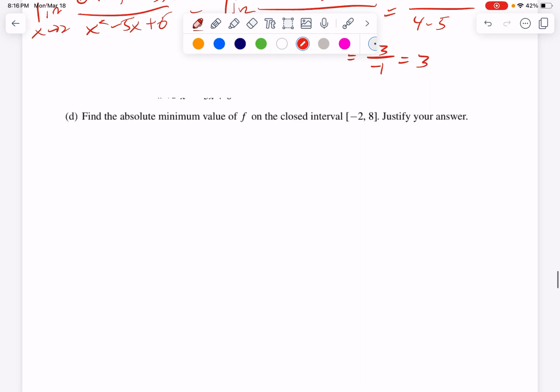Now find the absolute minimum value of f. So here's what we know, and this is a good sentence to lead with: f will have a minimum at an endpoint or a critical point.